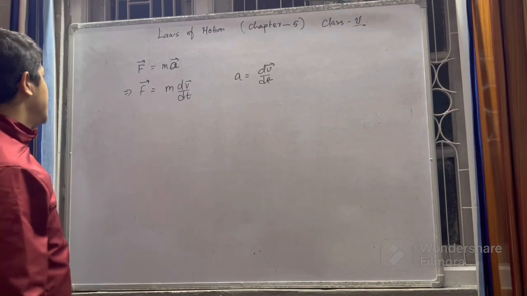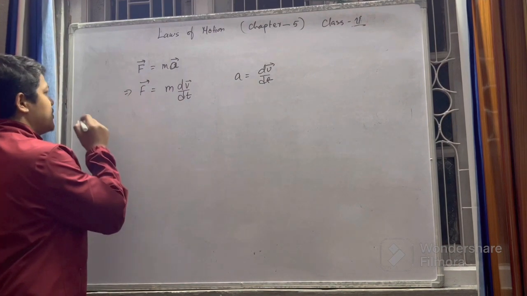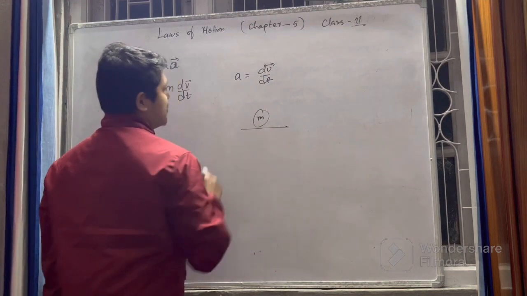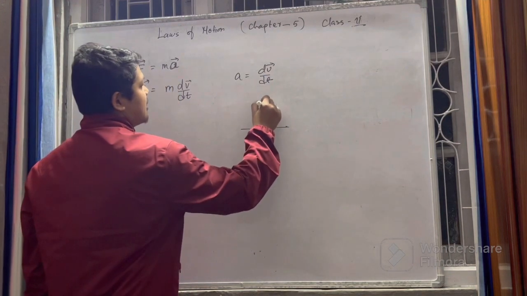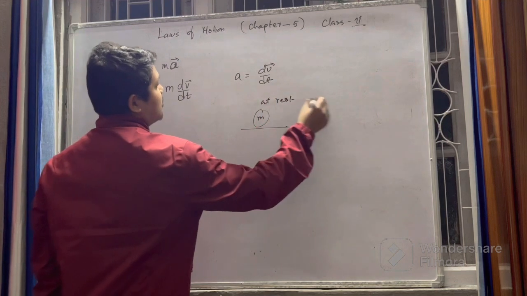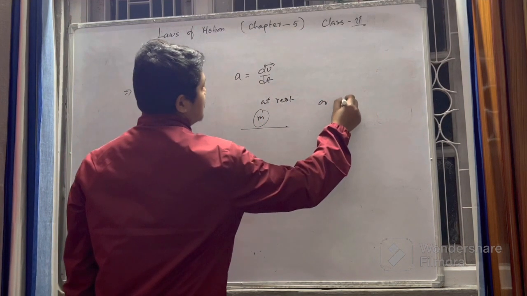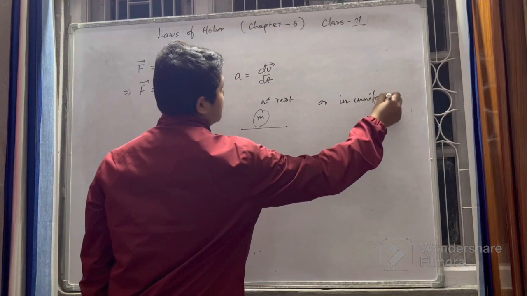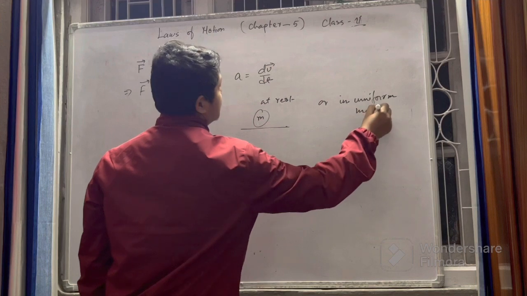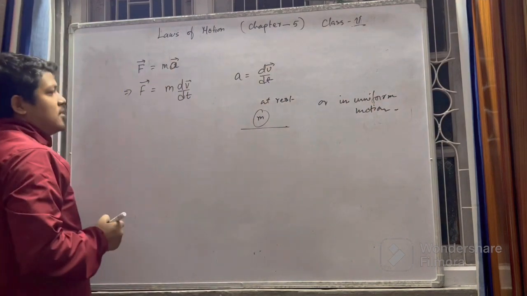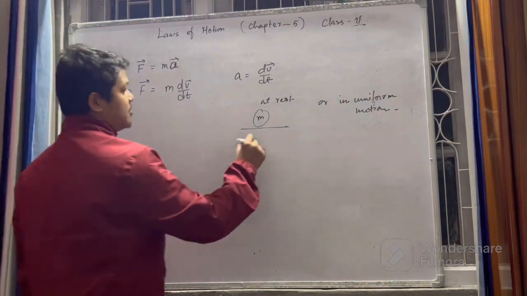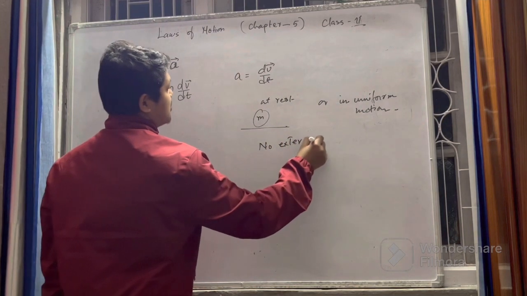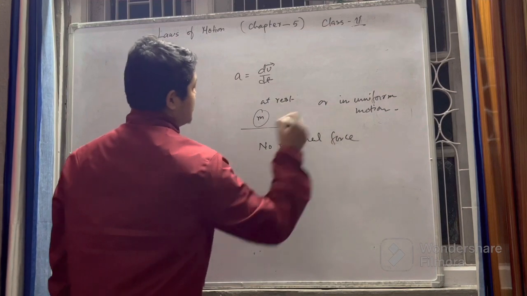Okay. So when there is no force acting on an object, this is an object of mass m. It may be at rest or in uniform motion. That means there is no external force.